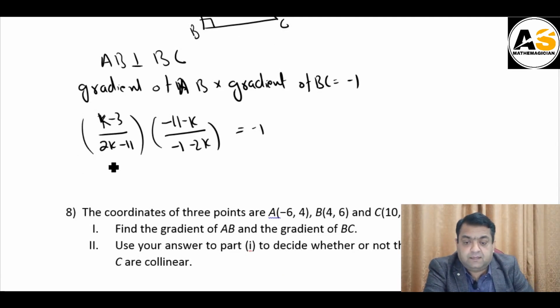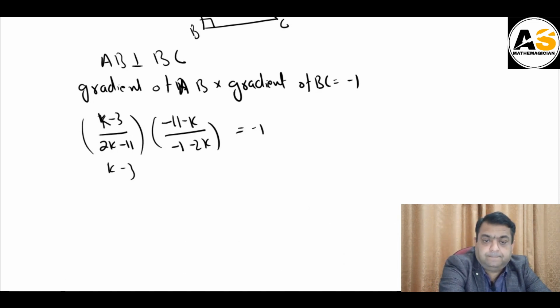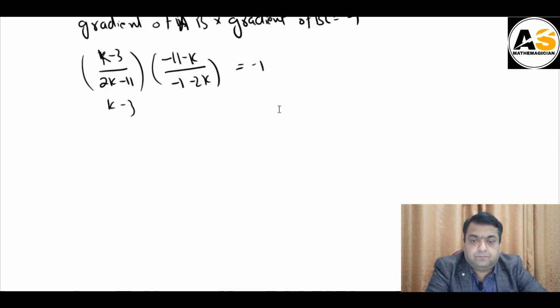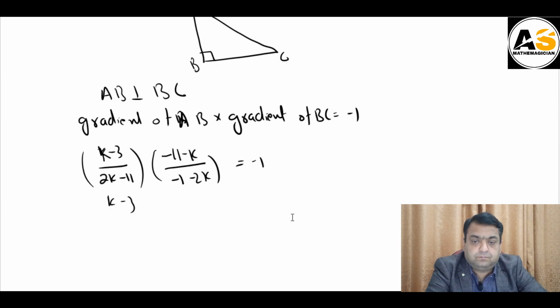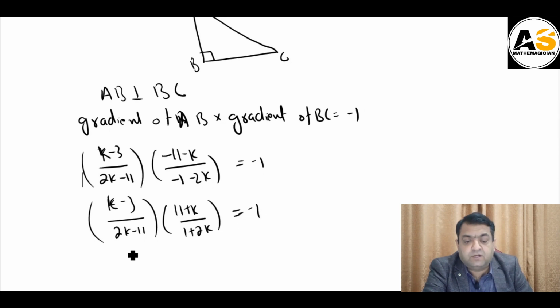From here I will write (k minus 3) over (2k minus 11) into (11 plus k) over (1 plus 2k) is equal to minus 1.